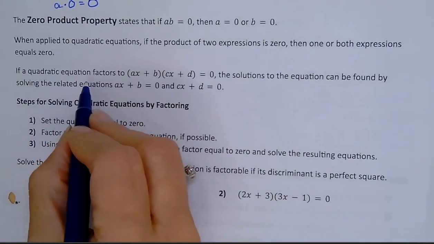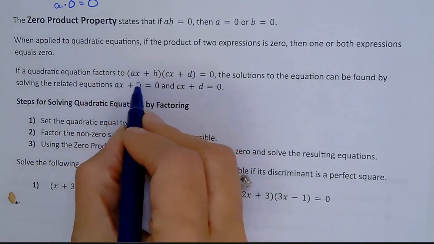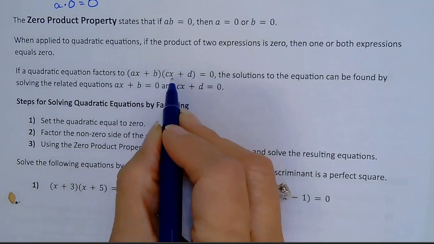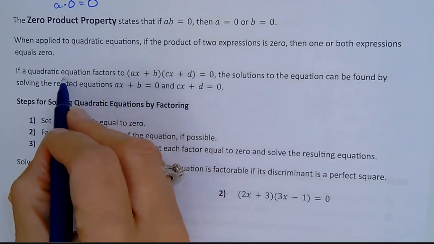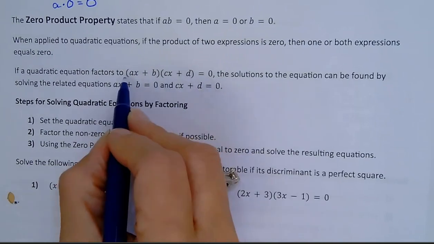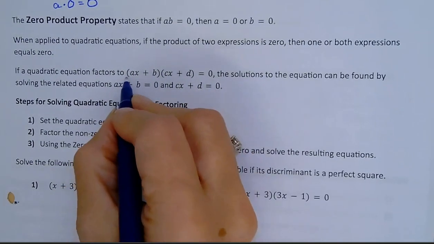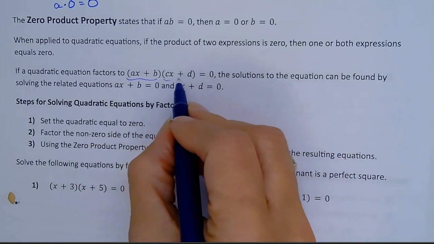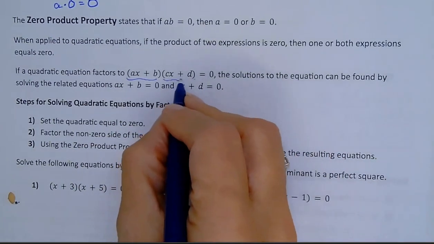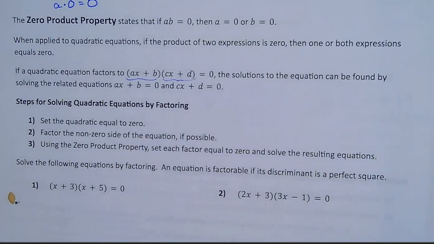So if a quadratic equation factors to ax plus b times cx plus d, then you know that if you're solving the equation equal to 0, either ax plus b has to equal 0 or cx plus d has to equal 0. Those are your options. One or the other, or maybe both. So here's how we're going to use this information to solve.